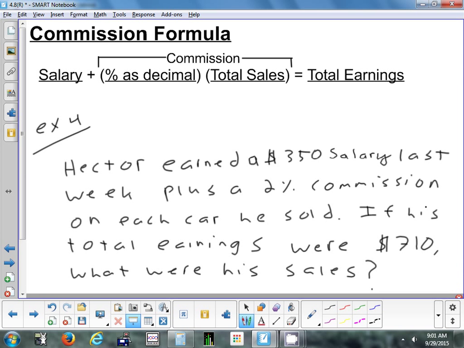All we got to really do is figure out what number goes where. I think that one's pretty easy. $350 salary. 2%, where's that going to go?